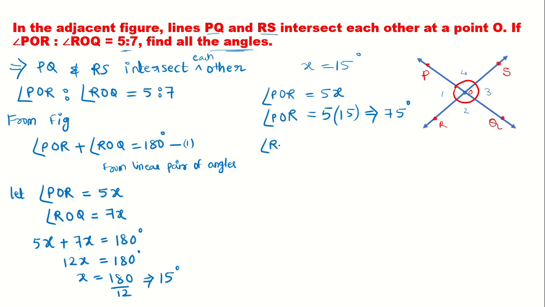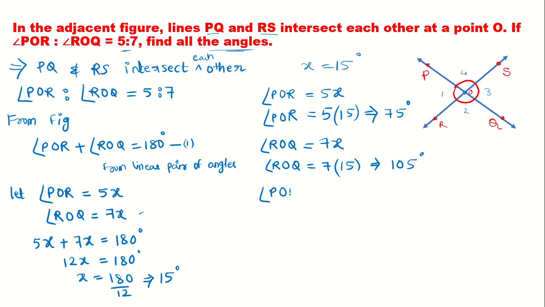Now, angle ROQ we have as 7x. Now, angle ROQ is 7 into 15, which is 105 degrees. Okay.